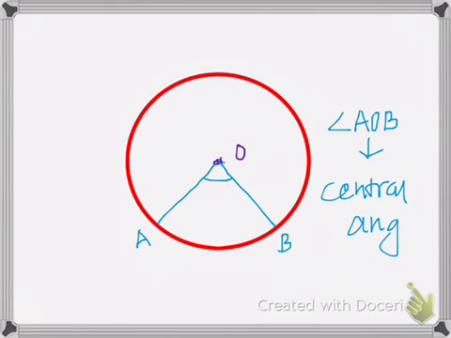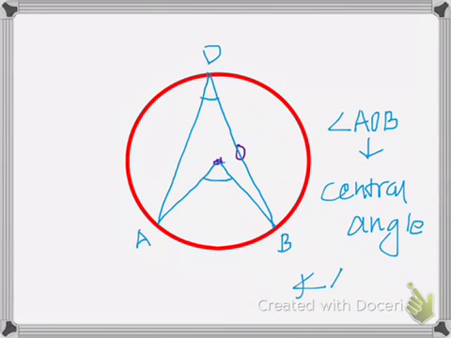And if I take any point on the circumference and join it to point A and B, then this becomes my inscribed angle.